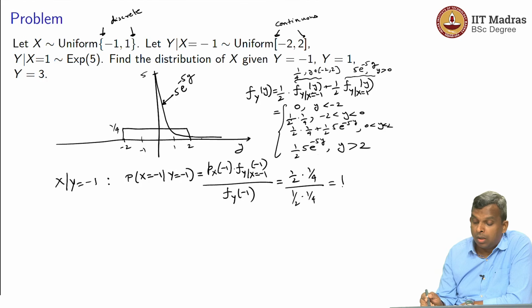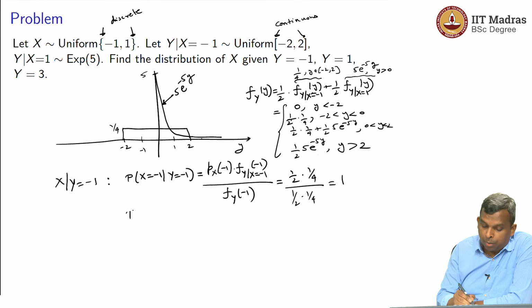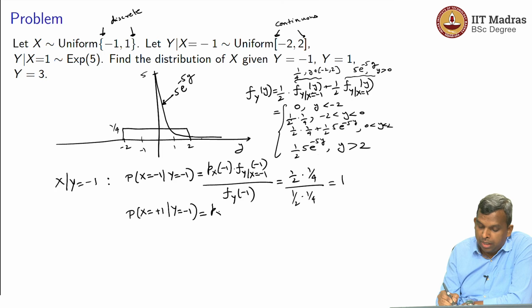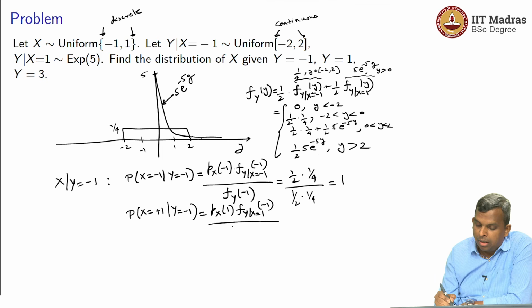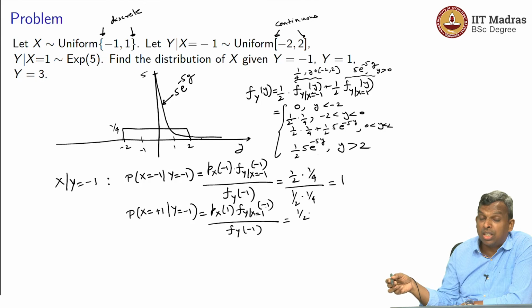Okay. So you can also check the probability that x equals plus 1 given y equals minus 1, which is p_X(1) times f_{Y|X=+1}(-1) divided by f_Y(-1). So now notice, the first thing is half, the next one is 0, right? The conditional distribution of y given x equals plus 1 is the exponential density, and at minus 1 it is 0.